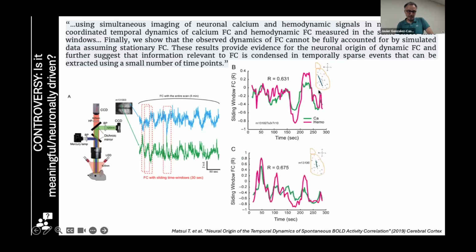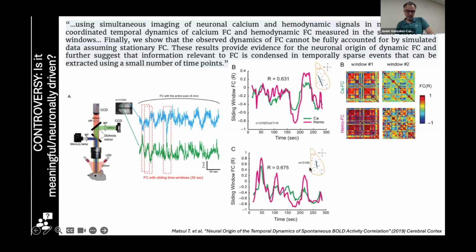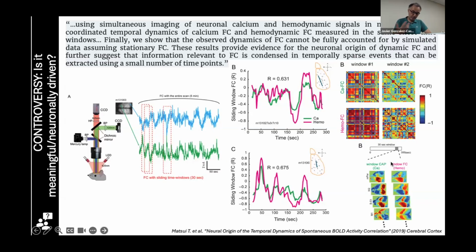This is for one particular connection. This is for another connection. Also, when you don't just look at individual connections, but you do sliding window functional connectivity, there seems to be a strong agreement. And if you explore the data in terms of the CAPs that you get out of the calcium data and the hemodynamic data, they are quite similar. So you have both sides of the coin. It's still an open debate.